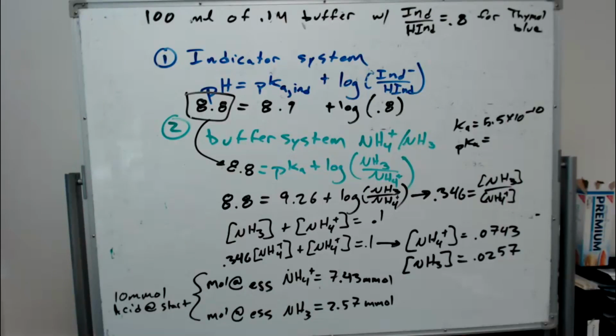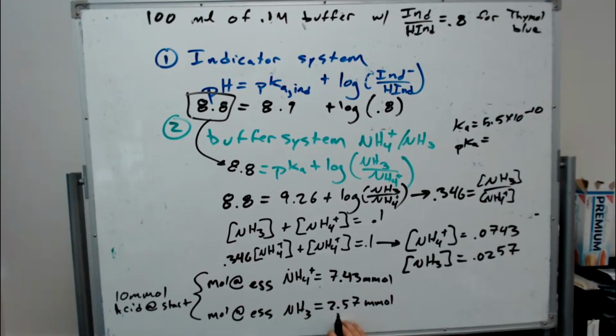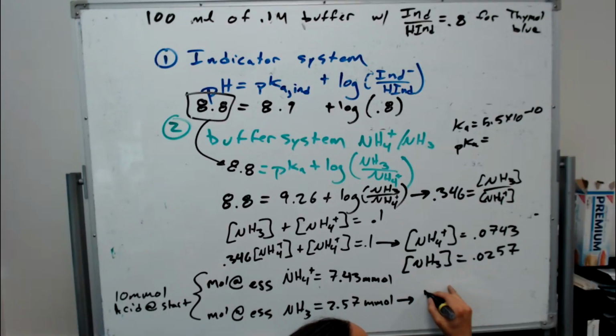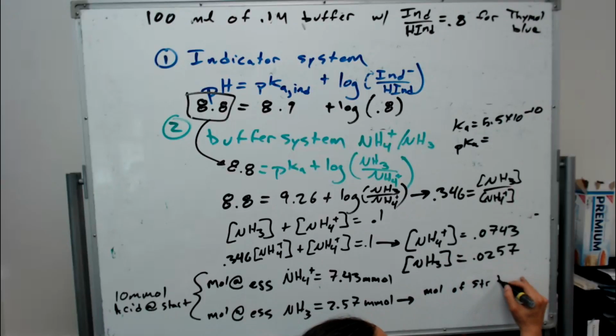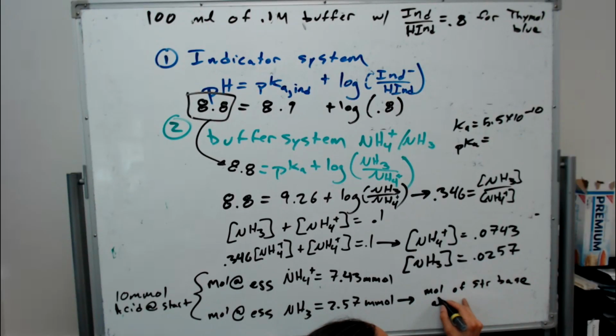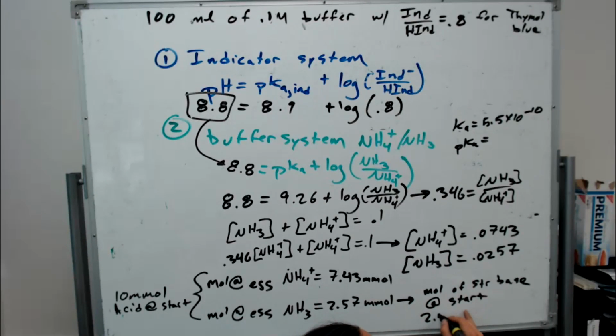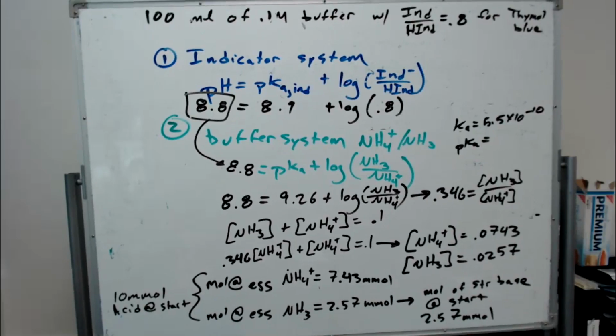The last thing we need to do to finish this problem up is we need to use one of those 5 simplifying ideas. The amount of NH3 we have at excess is also the moles of strong base we want to add at the start.